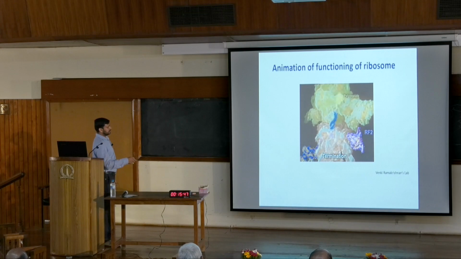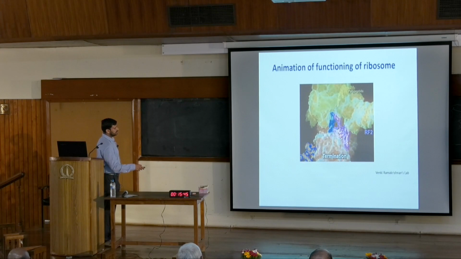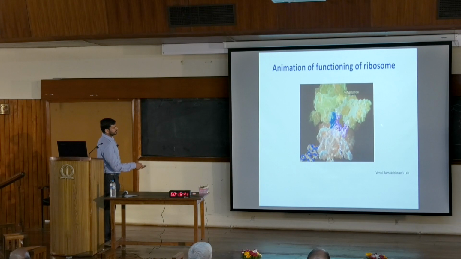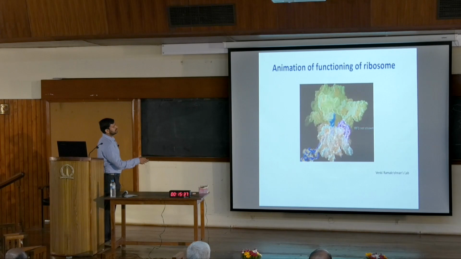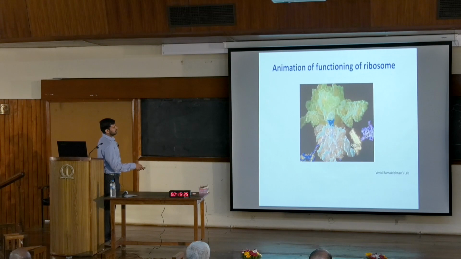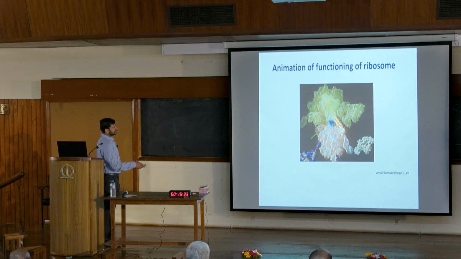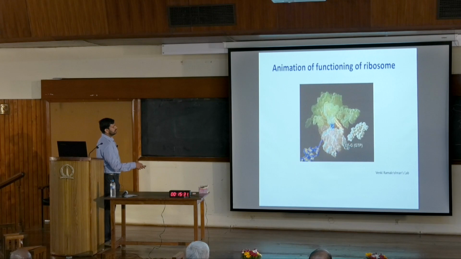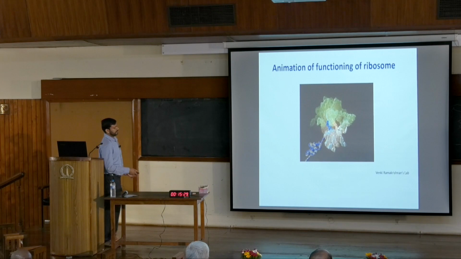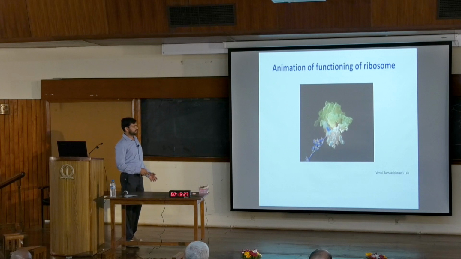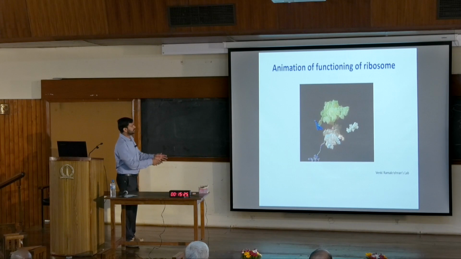This happens till you see a stop codon, which is then recognized by release factors, and it releases the polypeptide chain. Then ribosome recycling factors are involved, which will break open the ribosome complex to recycle it. So this in short tells how the ribosome functions.